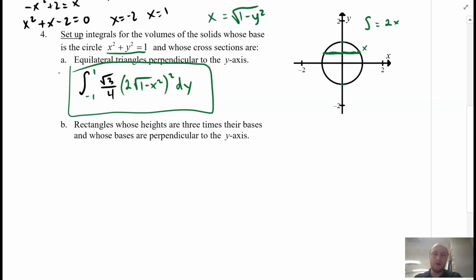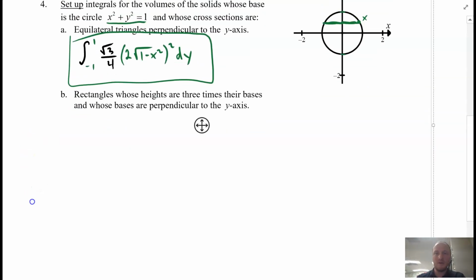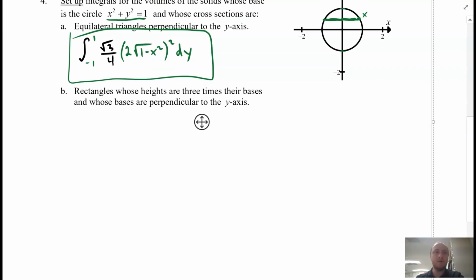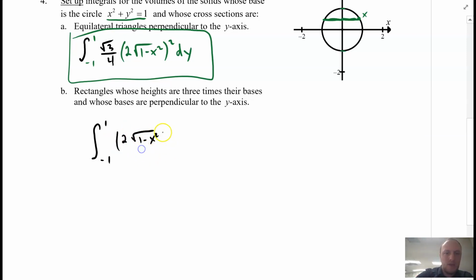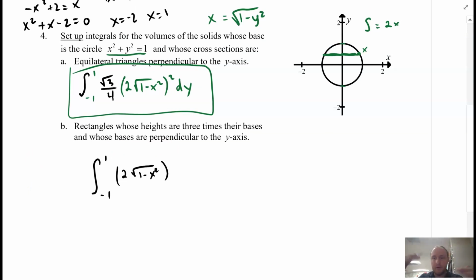Next example, we are going to do this with rectangles. So that side length is going to be the length of a rectangle, right? So I'm integrating again from negative 1 to 1, and that side length is 2 times the square root of 1 minus y squared. And I also need to now multiply by the height. So it's not a square, right? I don't know they're equal, so I can't just square this.